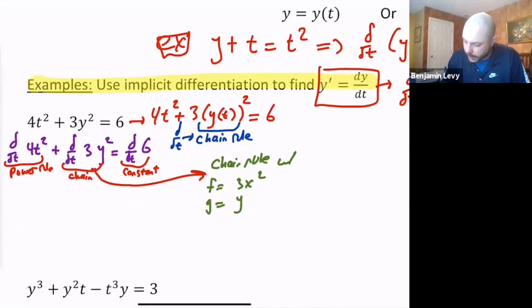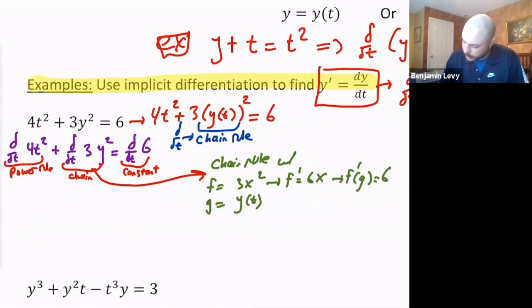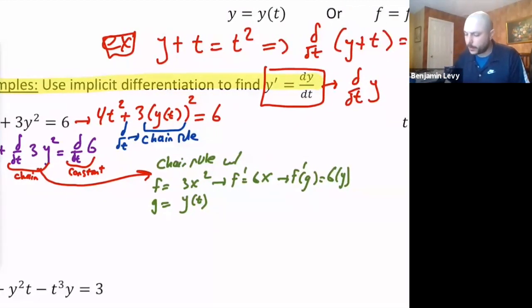And just to be clear, it's y of t. And so f prime is just going to be 6x, but we want f prime with g plugged in, so that's going to be 6 times y. I'm just kind of thinking through the chain rule. I'm just going to write the details down just one time to think about how that works.